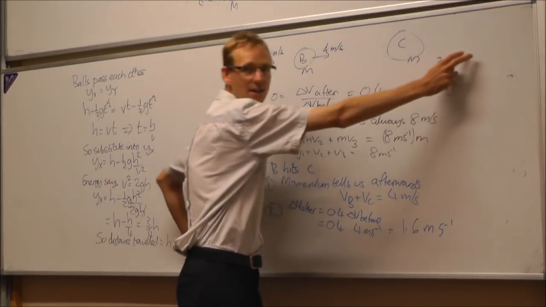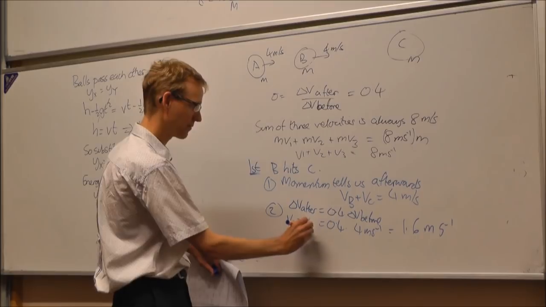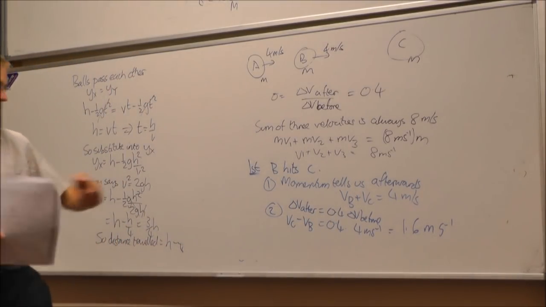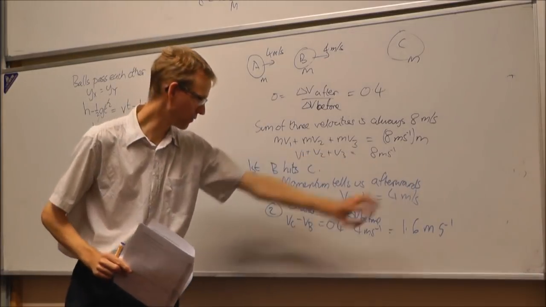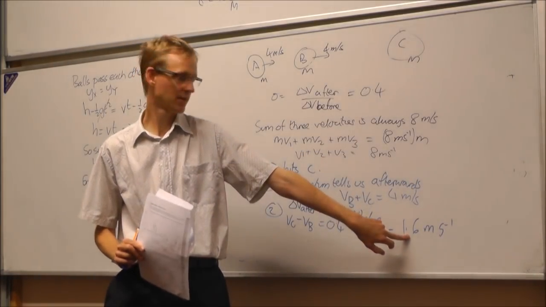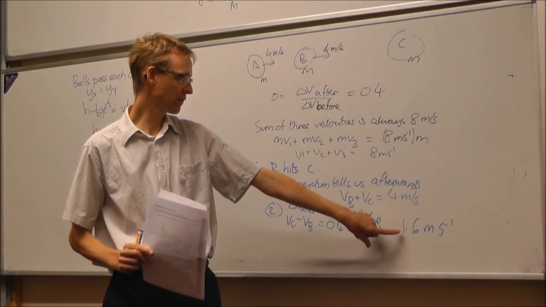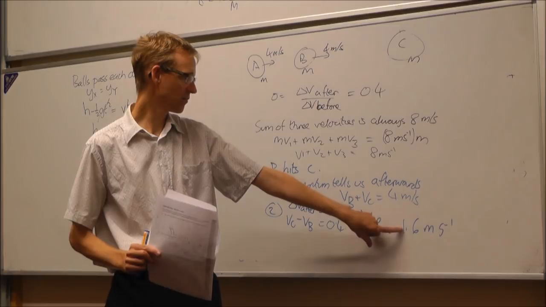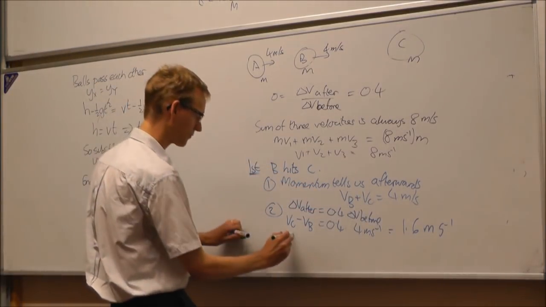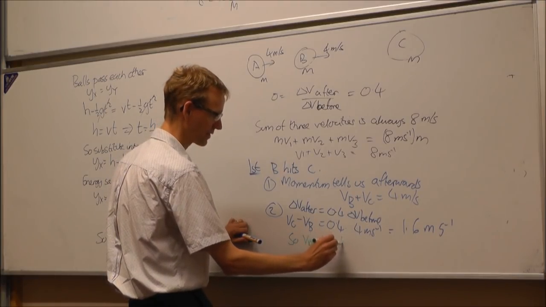VC is going to have a higher velocity, so VC minus VB is 1.6. Add them together, I get 4. Subtract them, I get 1.6. So 4 minus 1.6 is 2.4. Half that is 1.2. So VB is 1.2 meters per second.